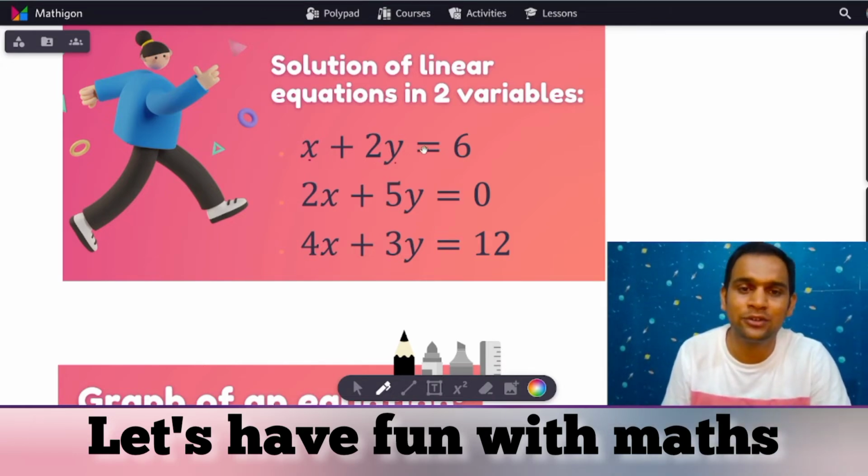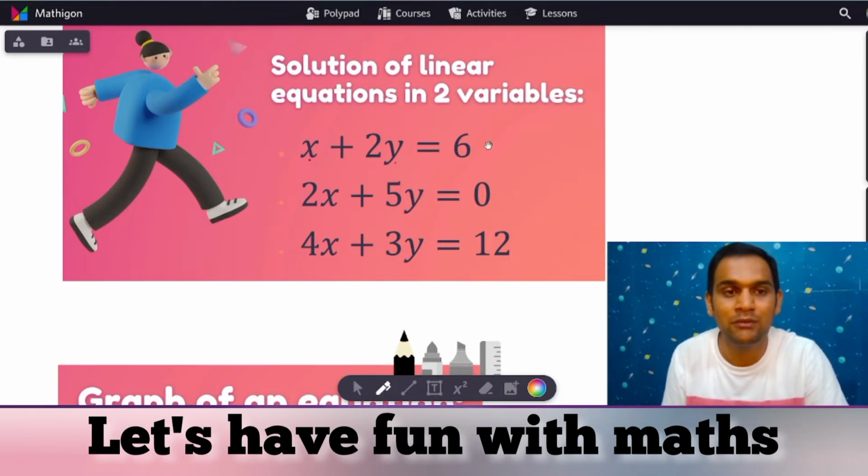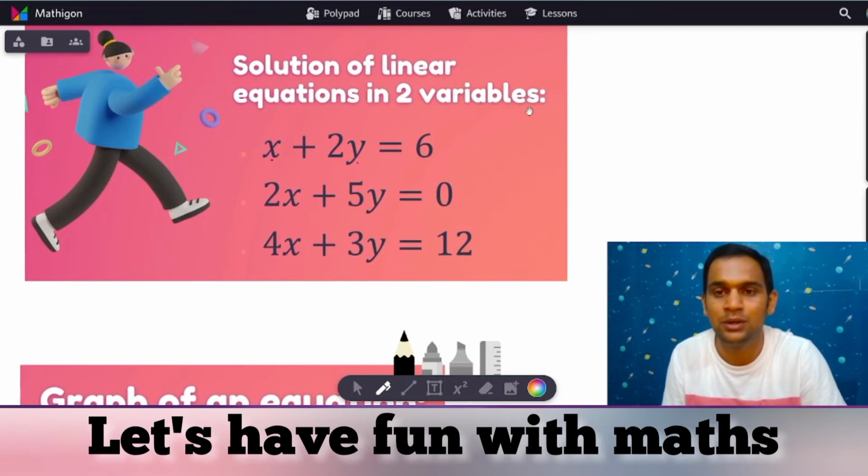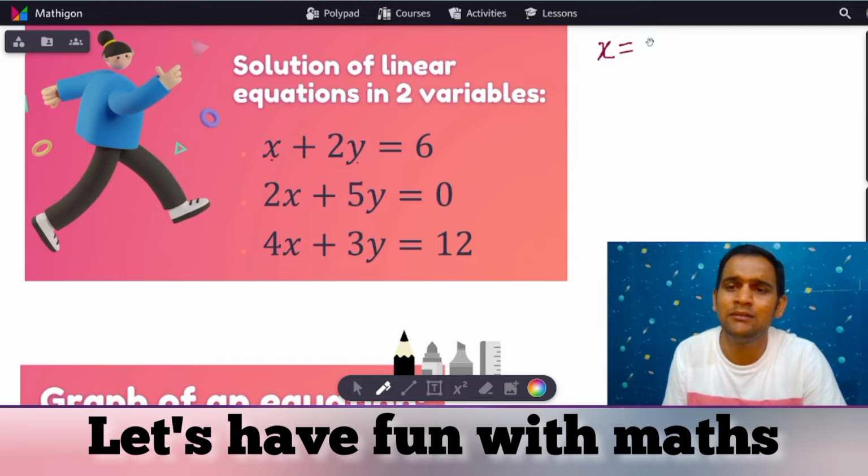But before that, the solution of a linear equation in two variables. Suppose we have x plus 2y equals 6. We want its solution. So what we do is we put any random value of x. We will put x as 0.